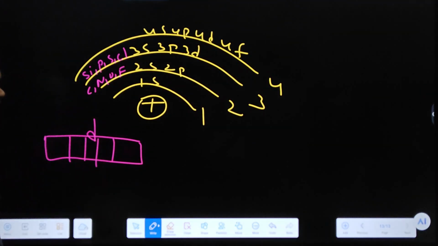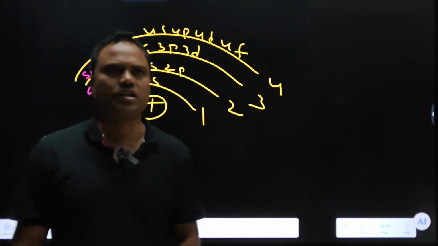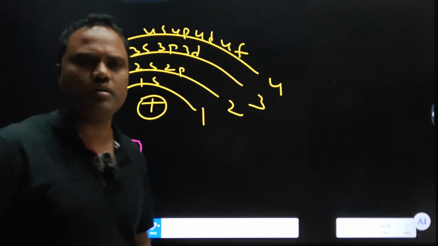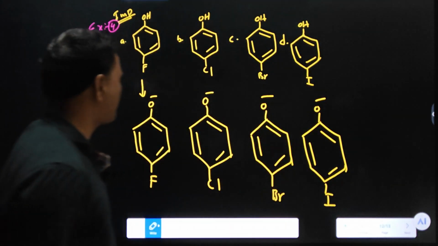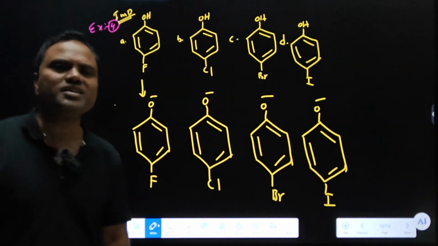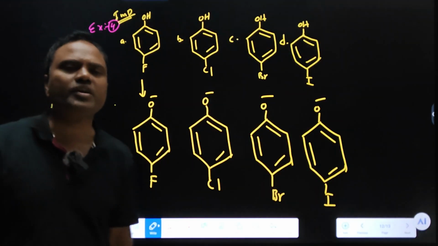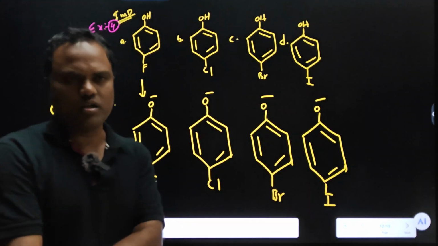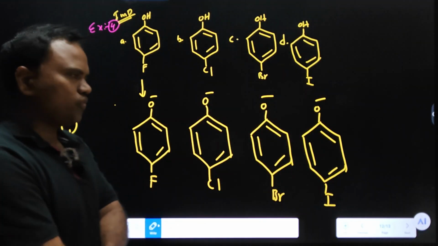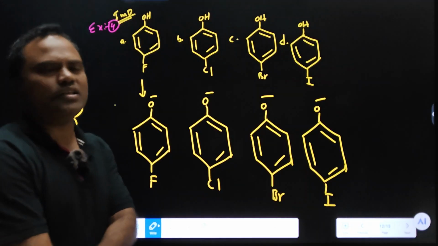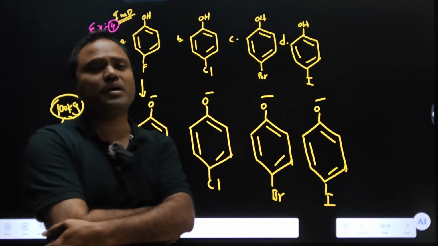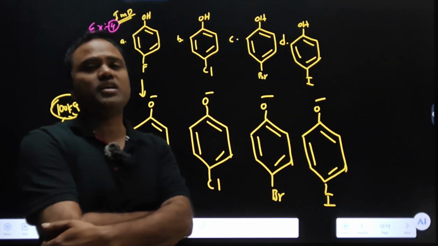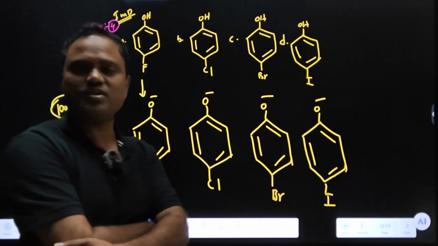These are d orbitals, 5 suborbitals. In the second period, vacant d orbitals are not present. Remember that point. Okay, right. Fluorine belongs to which period? Second period. So fluorine is not having vacant d orbitals. Clear? So fluorine is ready to take the electrons or weight from the oxygen, but there is no place for the accommodation of those electrons.